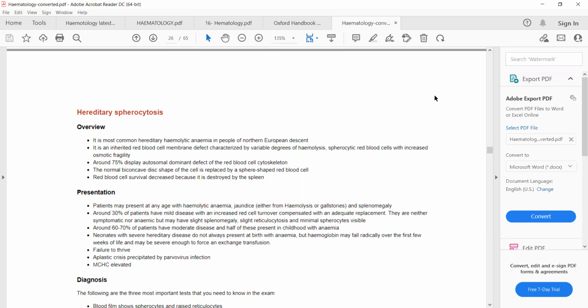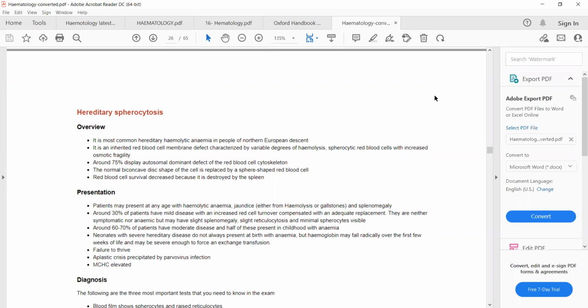Two things happen. One is that the normal biconcave disc shape of the RBC is replaced by sphere-shaped RBCs. And the second thing is that osmotic fragility of the RBC is increased.